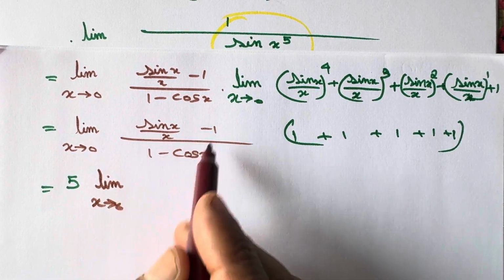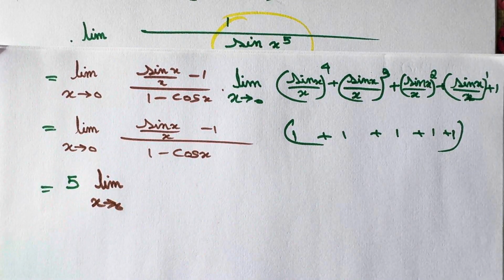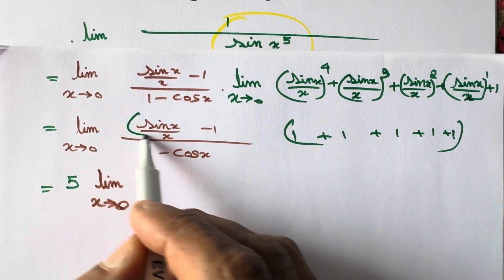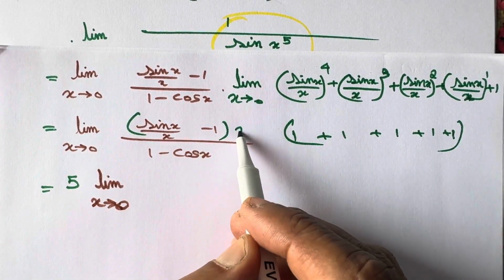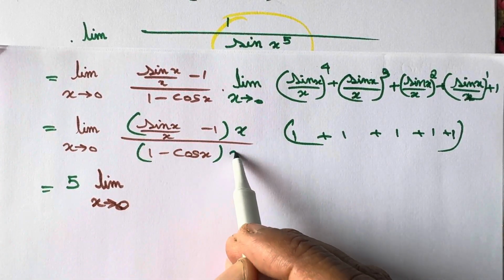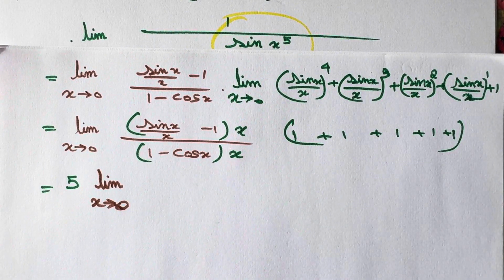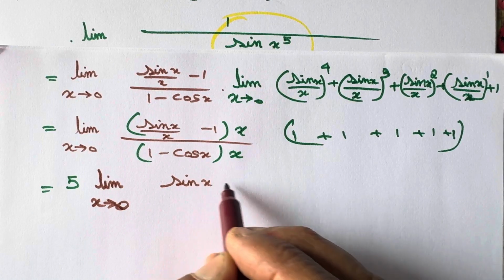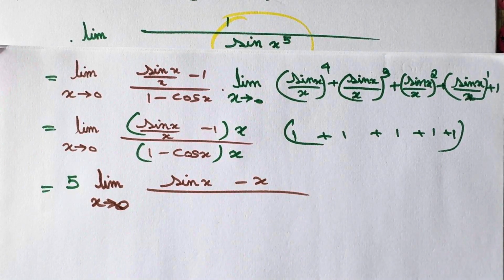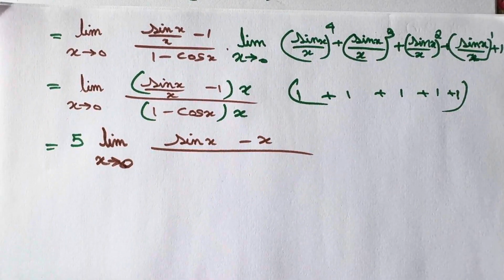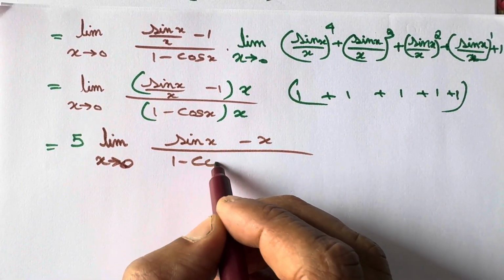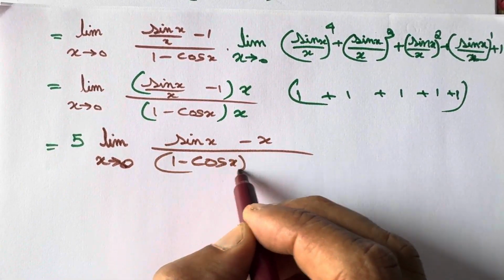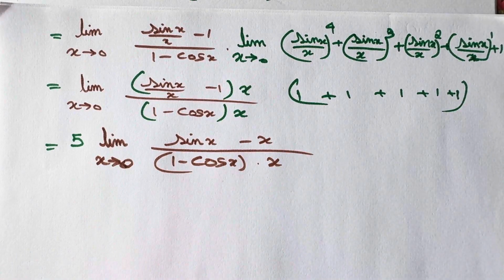How about this expression? Still, that is not that simple. However, we did simplify a lot. What we do is we multiply numerator by x and also the denominator. When we do so, we get sin x minus x divided by the product of 1 minus cos x and x.